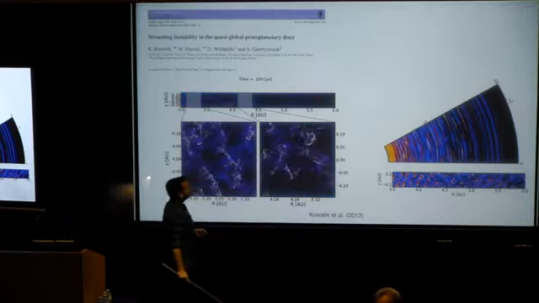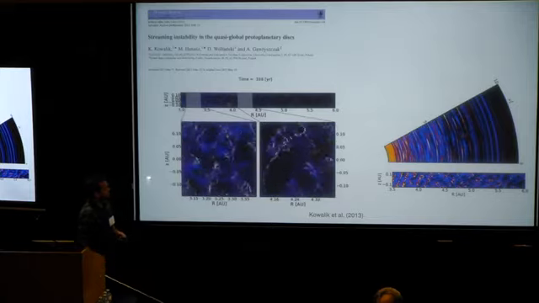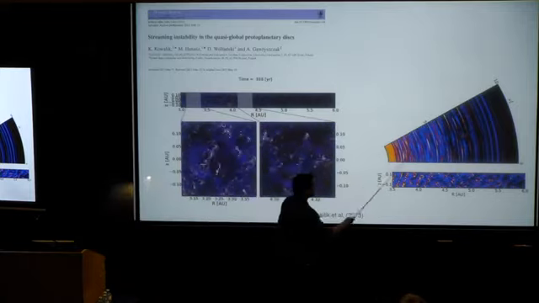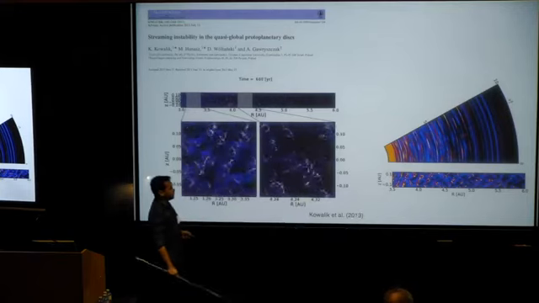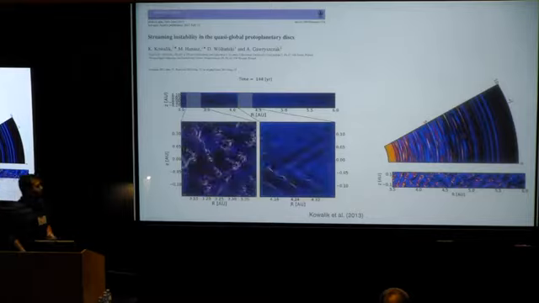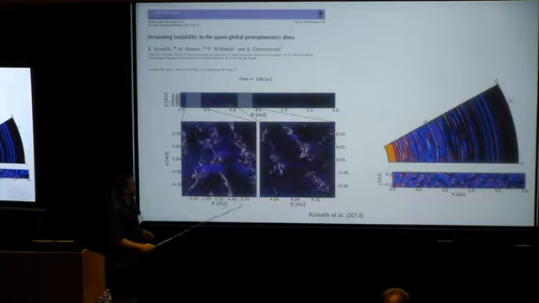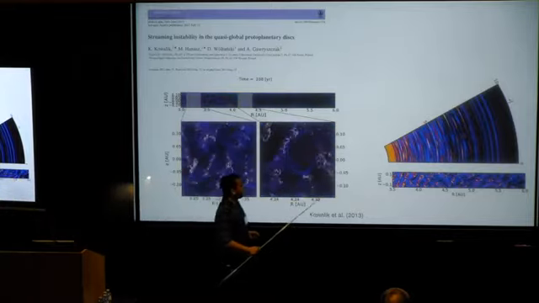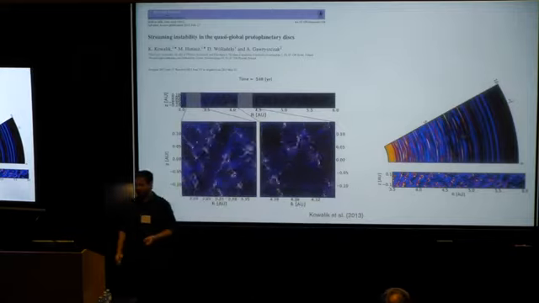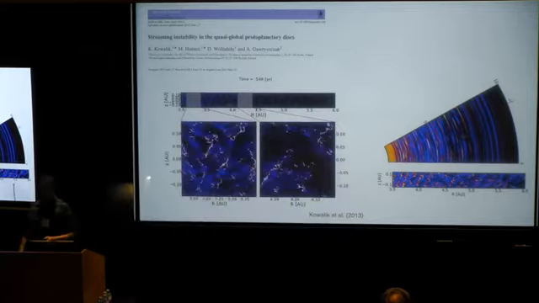What I find interesting in this model is that you can see the structures that show up in azimuth. They're bigger than the scale of local boxes. In local boxes, usually you would see a zonal flow taking over the whole azimuthal extent of the box.